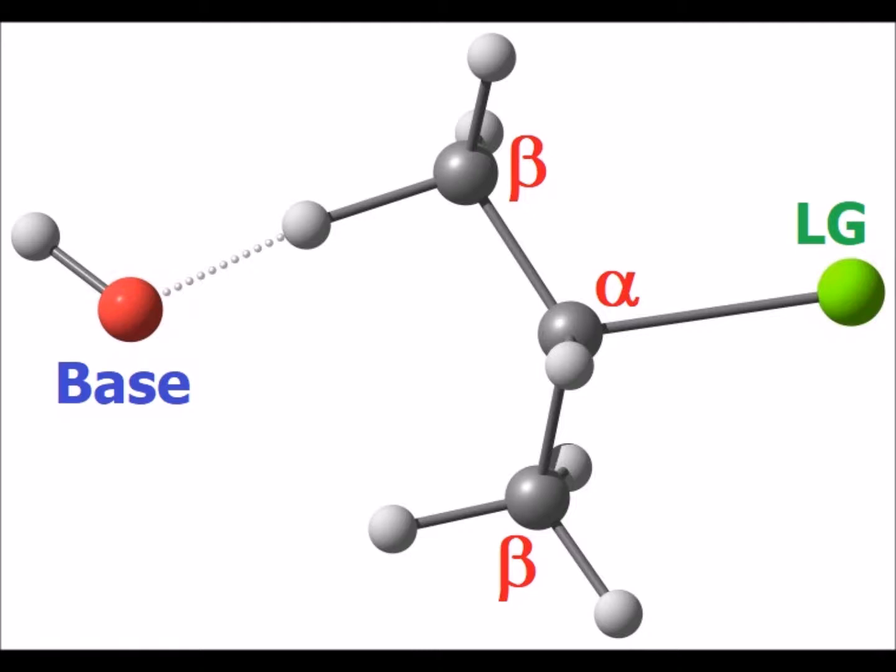And notice that in this molecule there are 2 carbons that are directly connected to the alpha carbon, which means that we have 2 beta carbons. Attached to those, we have a total of 6 beta hydrogens. And we see in this particular transition state that one particular hydrogen, the one that is connected by the dotted lines to the base, is the particular beta hydrogen that has the correct orientation to be abstracted in the E2 reaction.